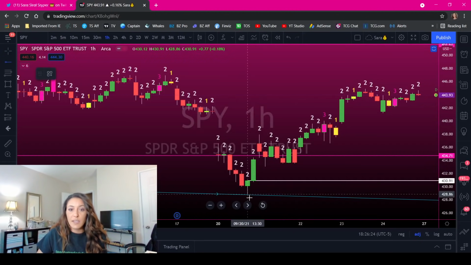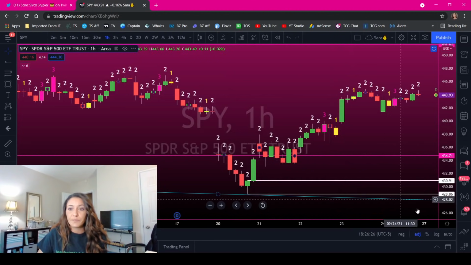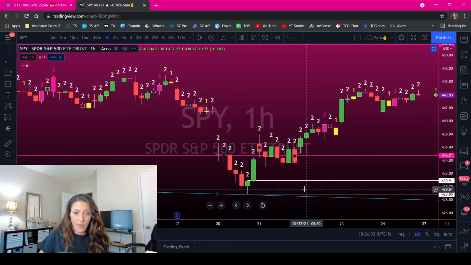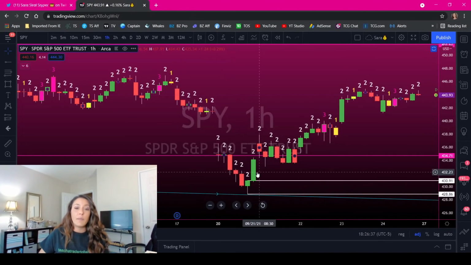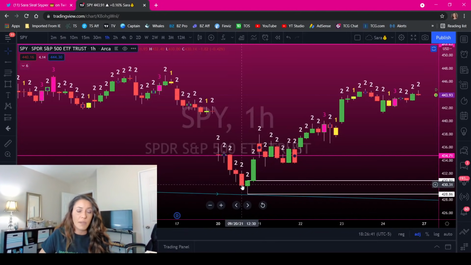So the entry was here, your stop was here. So a $2 risk to basically catch the very bottom, okay? Now you want to keep your stop tight because if they keep deciding to sell it down, then this wasn't the bottom and we were wrong.